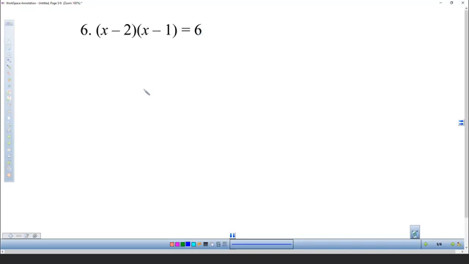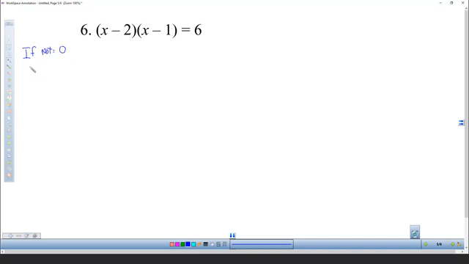But the other problem is that my left-hand side here is factored. So if I don't have 0 on the right-hand side, if it's not equal to 0, then I've got to go through a process to get that 6 over there.